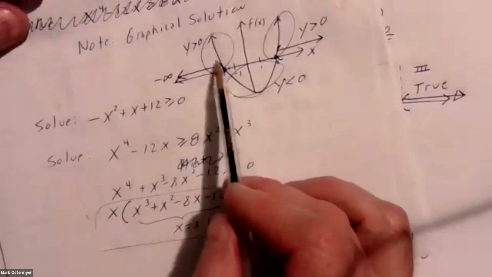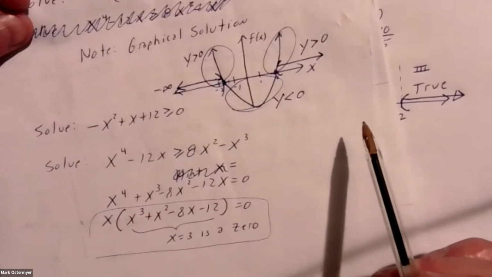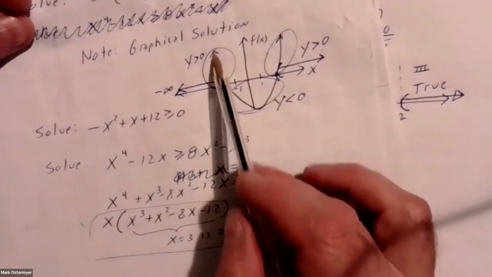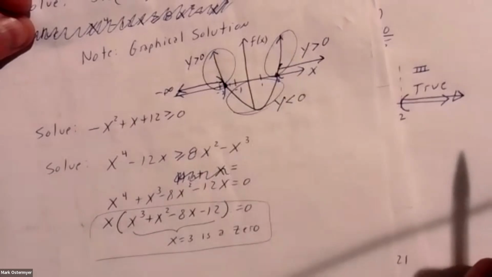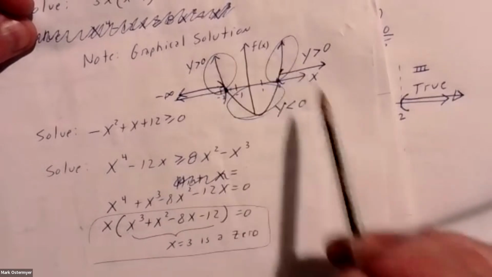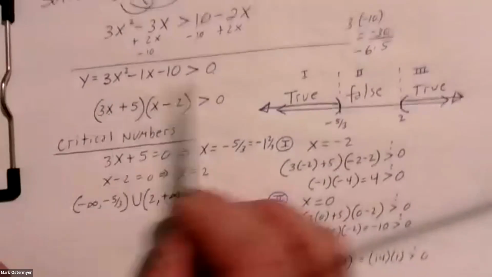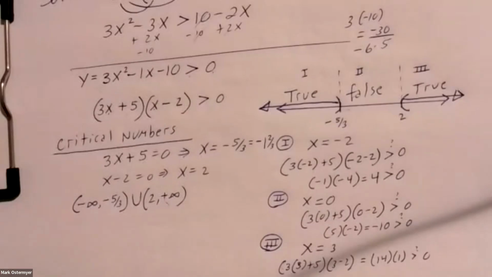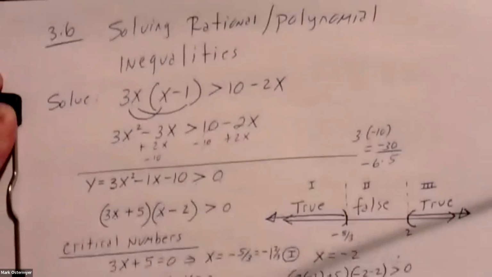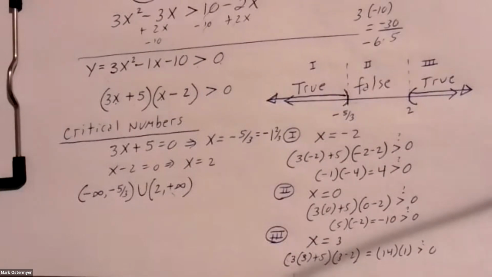That's how you can graphically solve these polynomial inequalities, just by graphing the polynomial and seeing where the graph is above or below the x-axis. The graph is above the x-axis where y is greater than 0, and below the x-axis when y is less than 0. Okay? So you can always check your answer using your graphing calculator if you want.